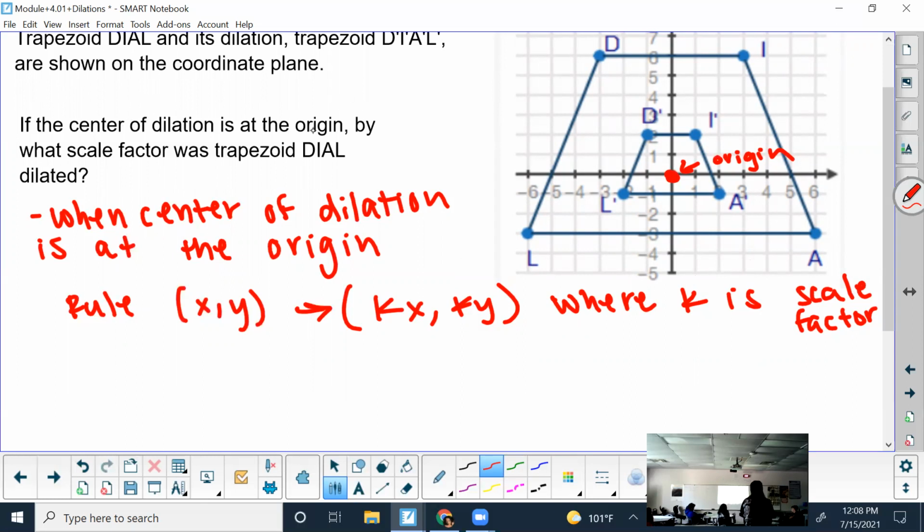All right, so to figure out what scale factor, we are going to just pick one or two of the points. Like let's pick point D from the pre-image. So what's the coordinate of point D?